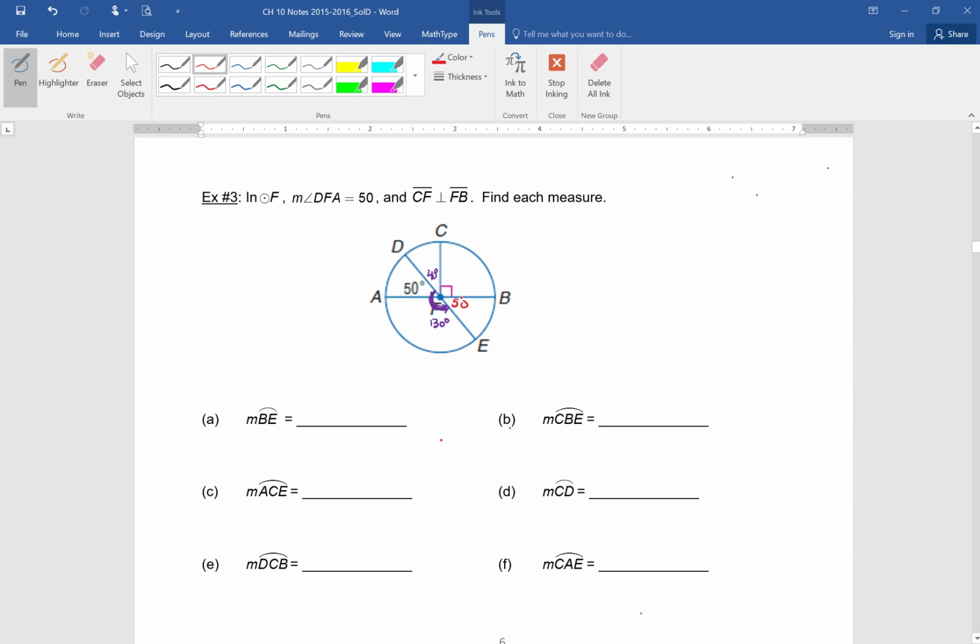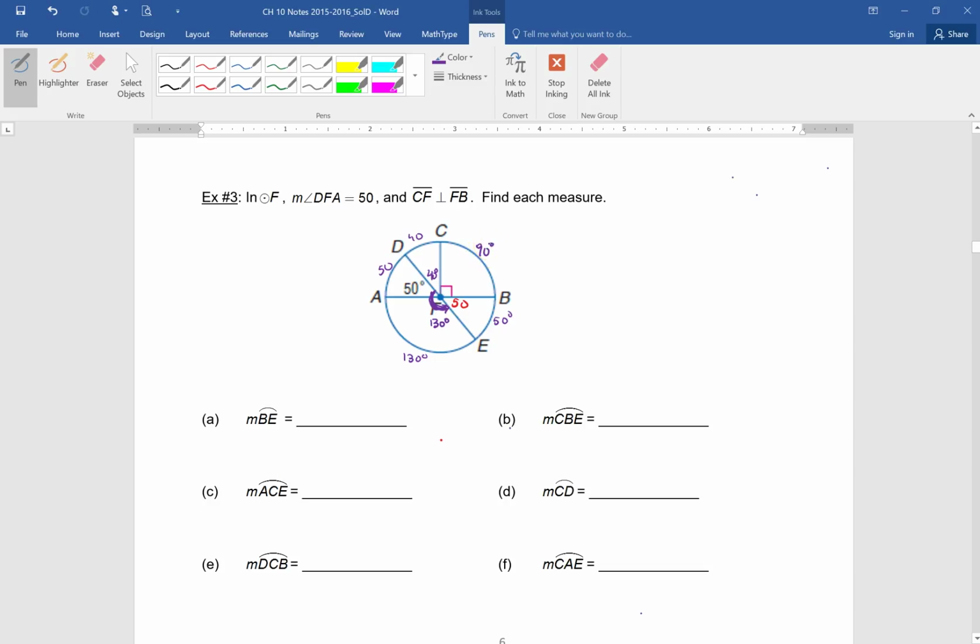And now that pretty much completes the circle for me. What I can do now is say that each of the corresponding arcs is the same measure as its angle. So this arc is 40 degrees, this one is 50 degrees, this is 130 degrees, 50 degrees, and what about CB? 90 degrees.